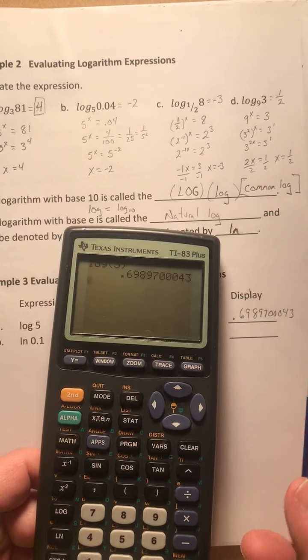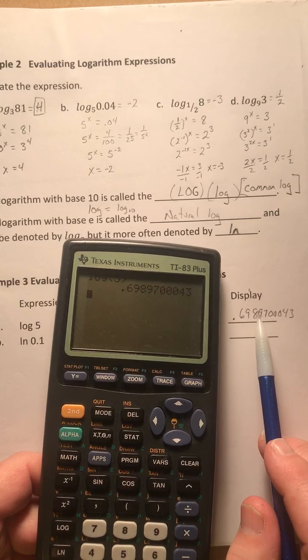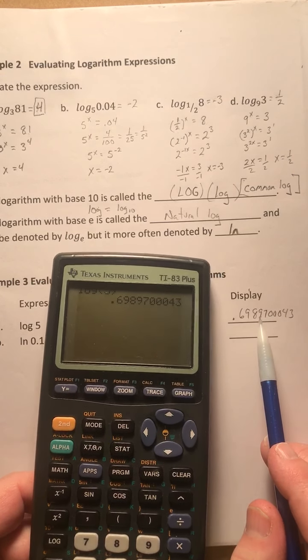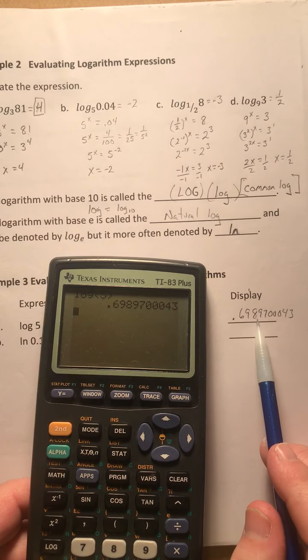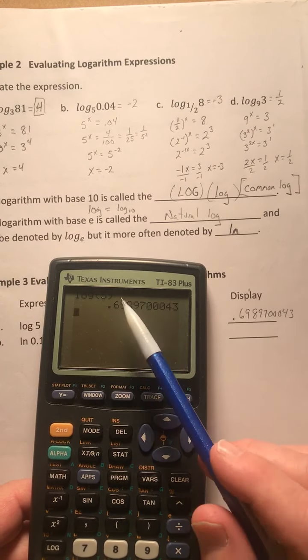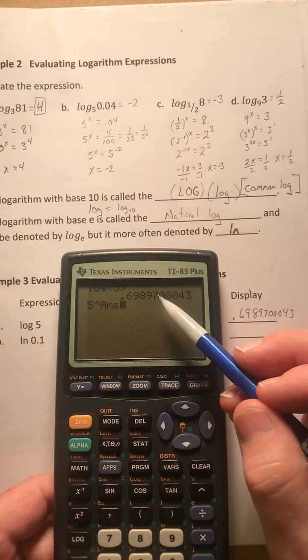Now, just so you understand what this means, this means that 5 to this power is going to give us 10. I can show you that in the calculator by doing 5 to the, and then shift and answer.